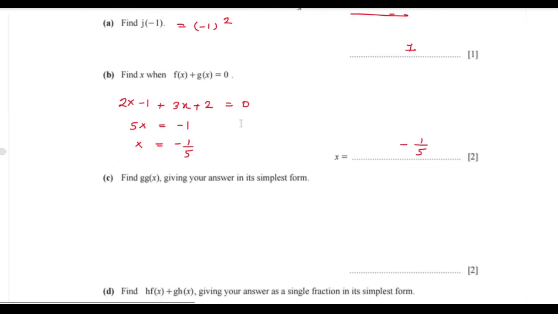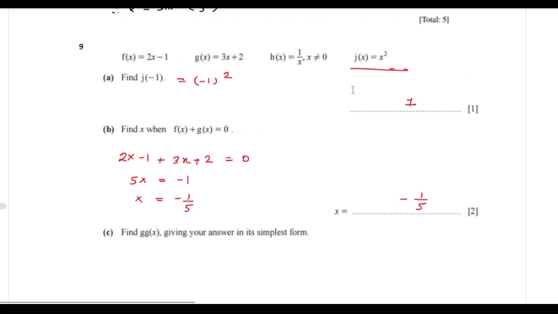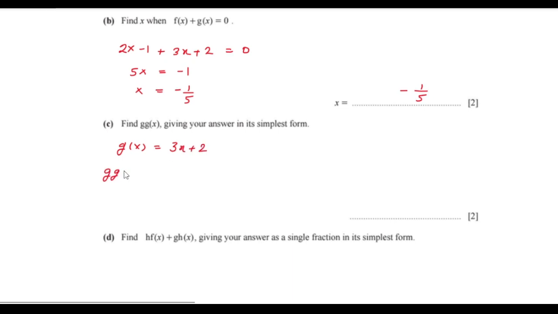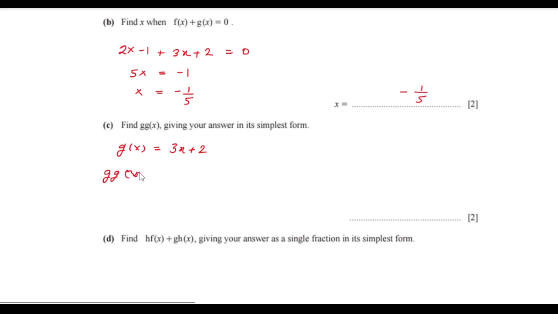Now find gg(x), giving your answer in the simplest form. Our g(x) is 3x plus 2. So if I say gg(x), then x is represented by g(x), so 3g(x) plus 2, and g(x) will again be replaced by 3x plus 2, plus 2.